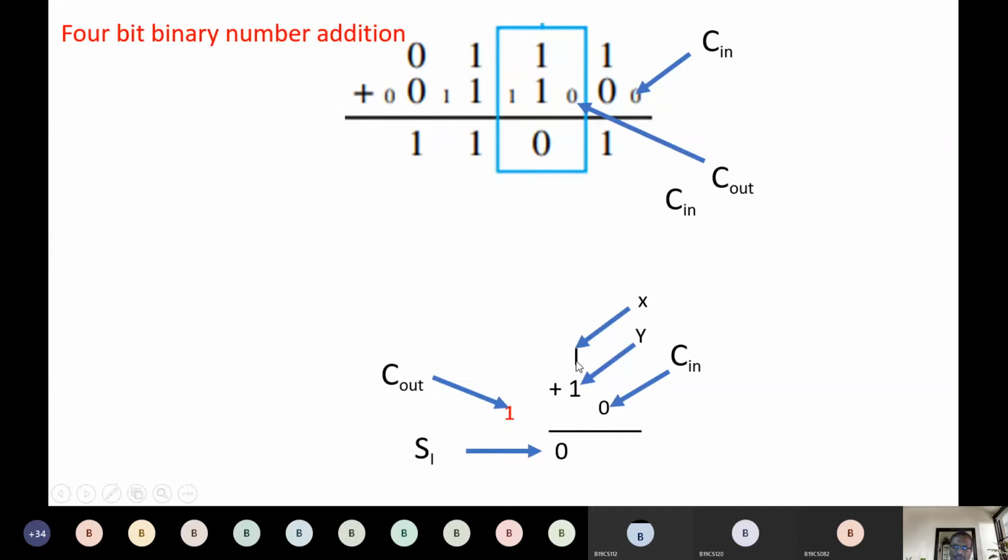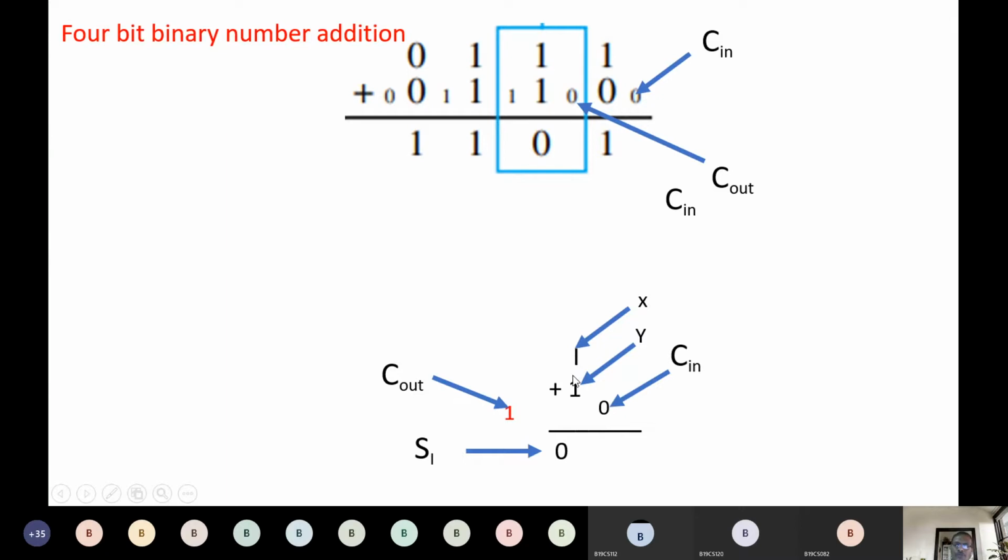Here is 1-bit addition. Just we are adding 1 and 1. You see, 1 and 1. So this 1 will be X, the bottom one will be Y. Because instead of taking 4 bits, I have taken here 1-bit addition. So this is X, this is Y, and we don't have carry from here, so by default carry in will be 0.